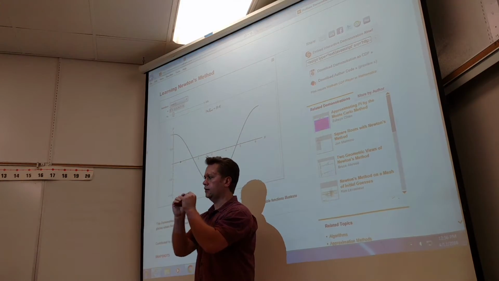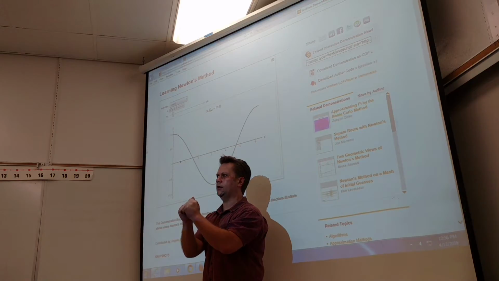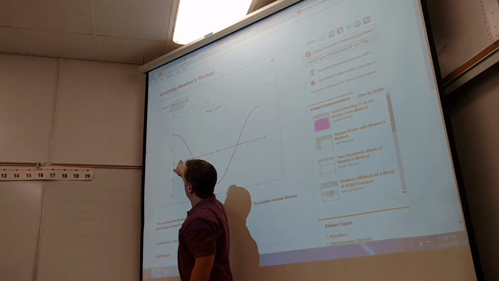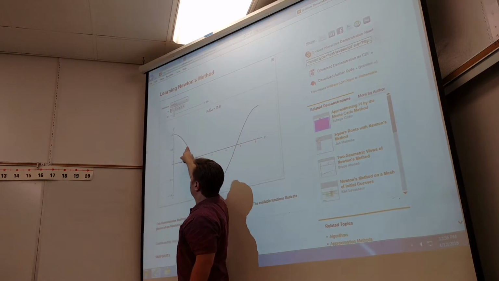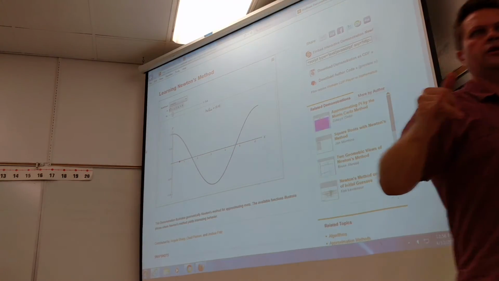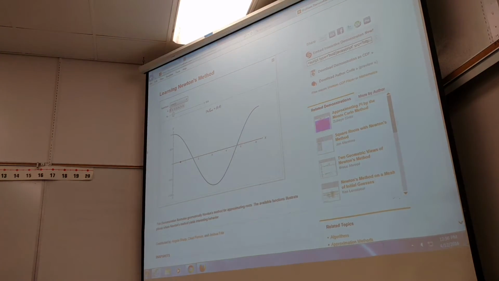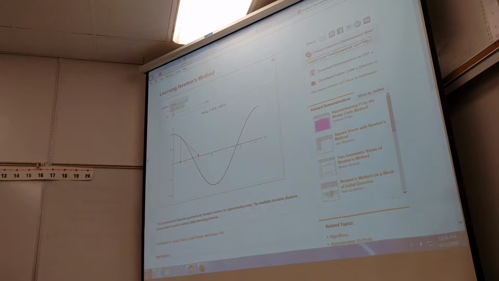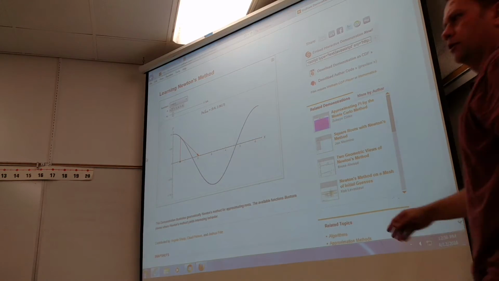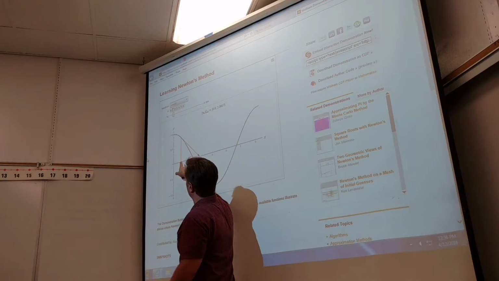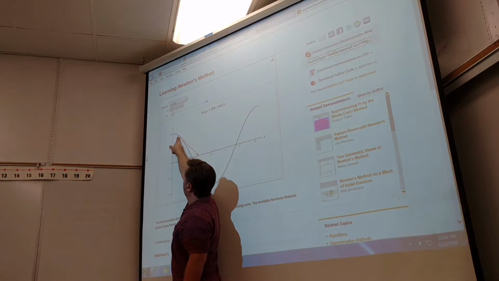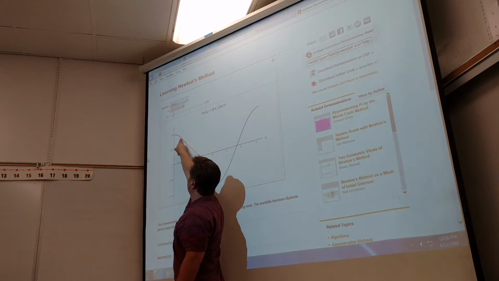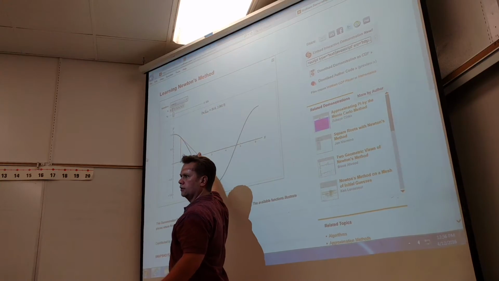Now here's the nifty idea behind this. If I look at the output for this and then make the tangent line, what happens when I do that? Bang. You kind of with me? So the tangent line to the point that my guess makes on this graph is this.